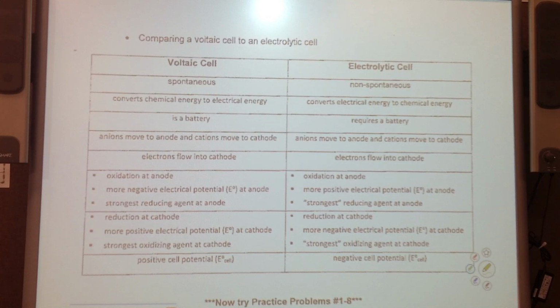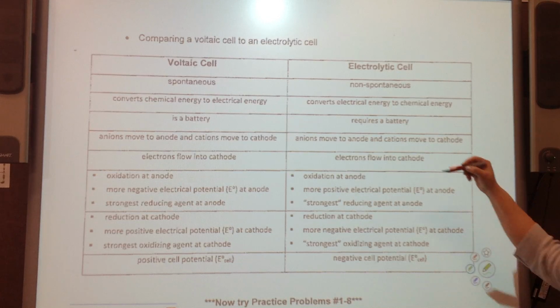Anions move to anode and cations move to cathode. Electrons flow into the cathode, oxidation at the anode. It has a more negative electric potential at the anode, strongest reducing agent at the anode. The reduction happens at the cathode. It has a more positive electrical potential at the cathode, strongest oxidizing agent, has a positive cell potential.